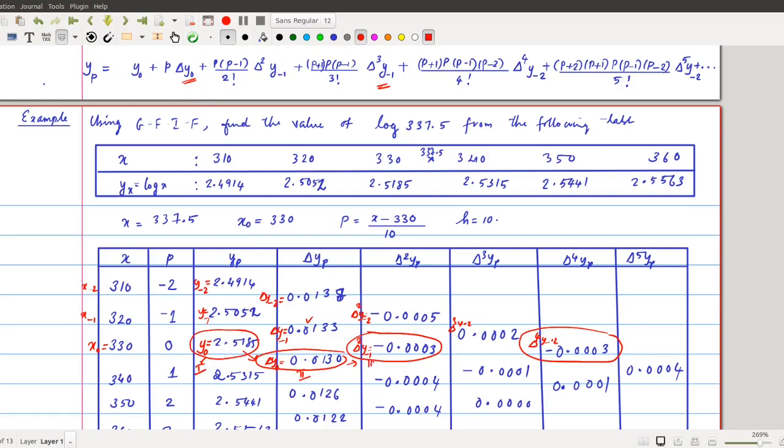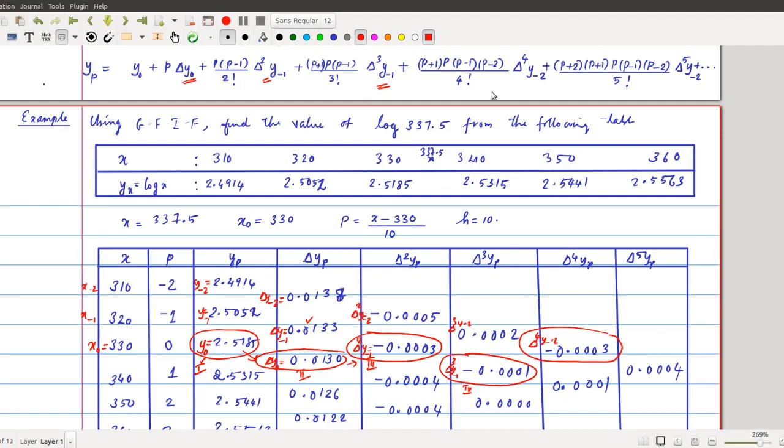For the third term we will collect delta square y minus 1, and delta cube y minus 1. We need to collect this also, so this is for the fourth term, that is delta cube y minus 1.